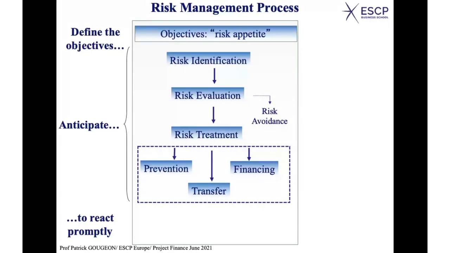How can you hedge this volatility? You can have a specific contract with a supplier, but you can also use hedging instruments such as options, swaps, or forwards and futures. You are familiar with all these derivative instruments, I guess. These are also part of the tools which can be used to finance the risk.